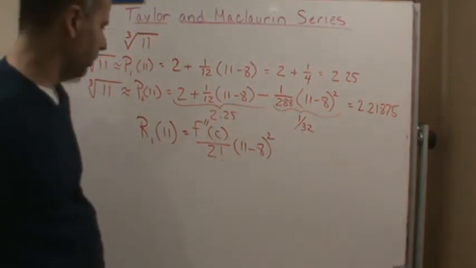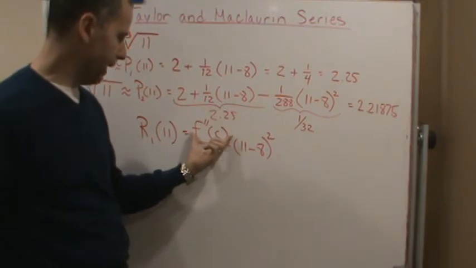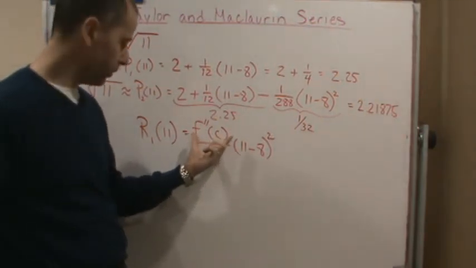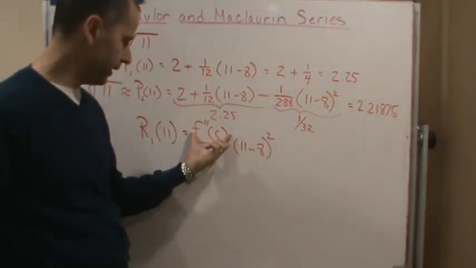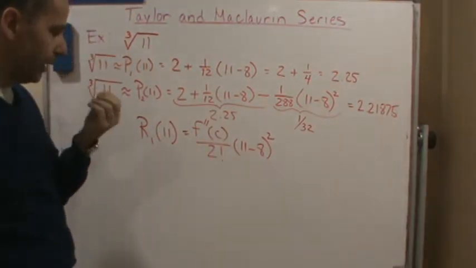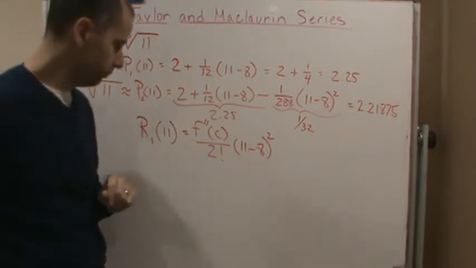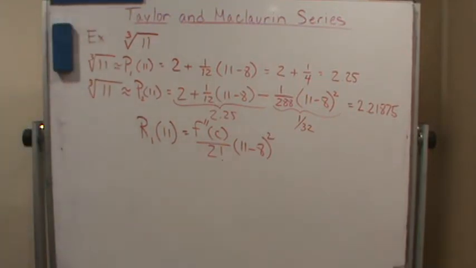We're going to find that M value, remember from the theorem, the maximum value of this derivative over the interval from 8 to 11. Now, what is the second derivative? Well, remember, the second derivative is negative 2 over 9x to the 5/3.